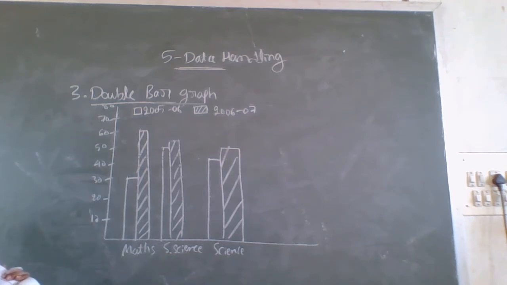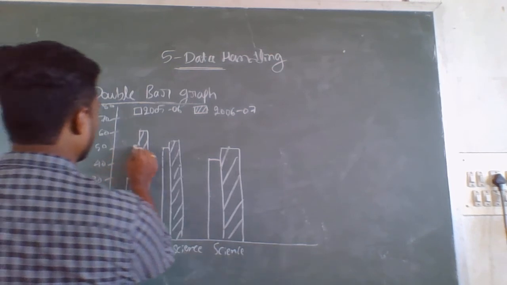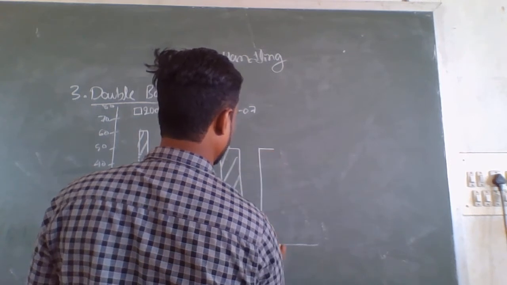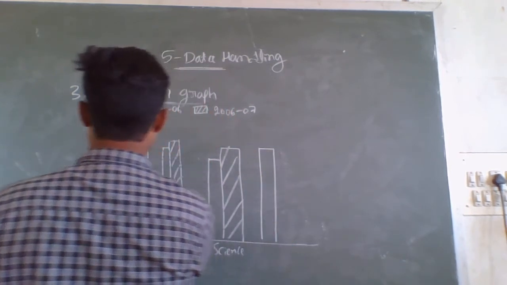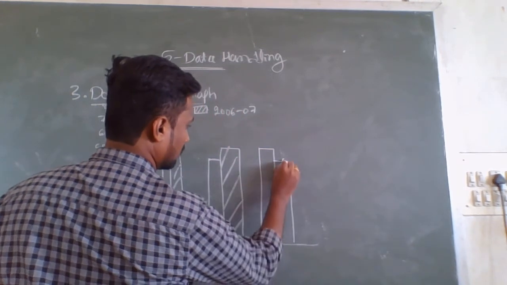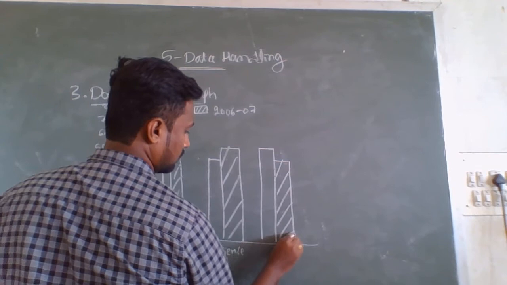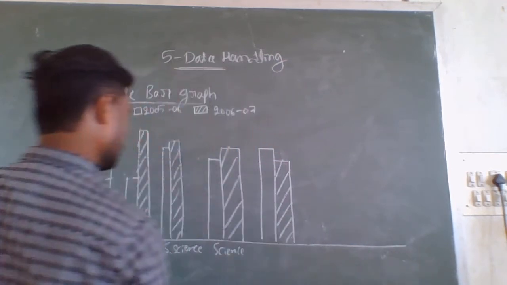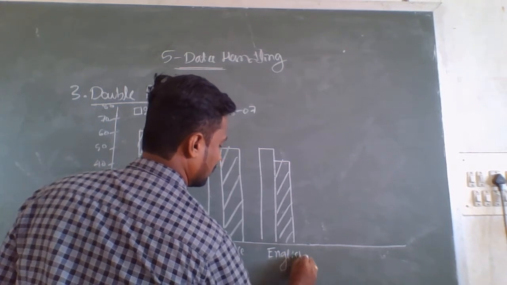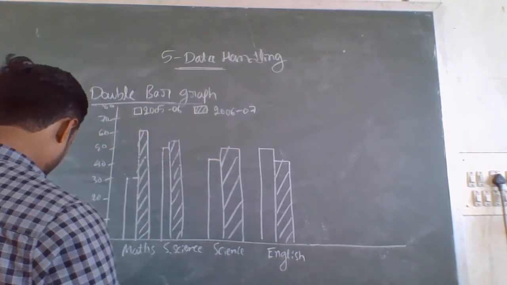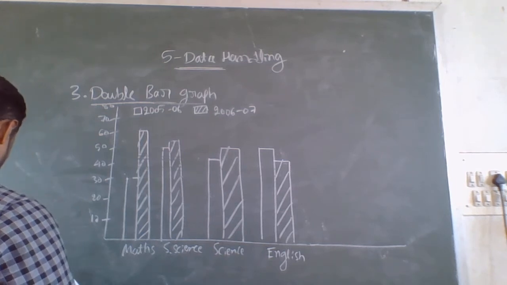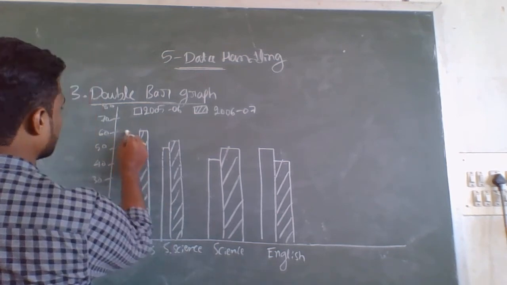One is for 50 and the other is 45. This is for English. Next one, Hindi. Here, both are 60.